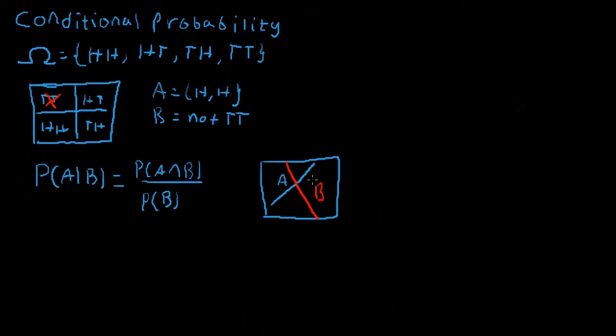What's the probability that I actually landed in A, given that I landed in this region?